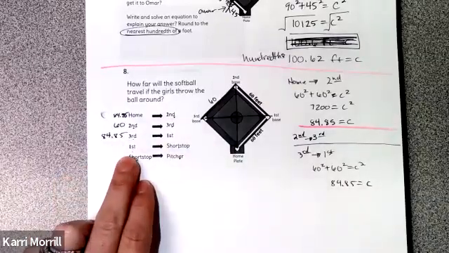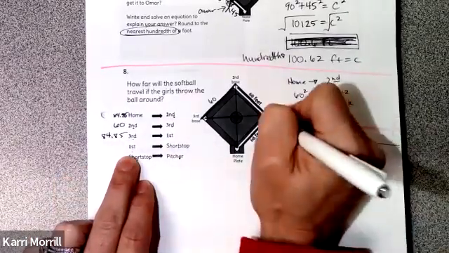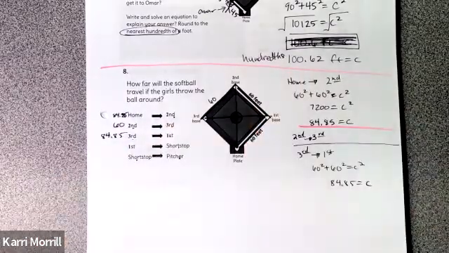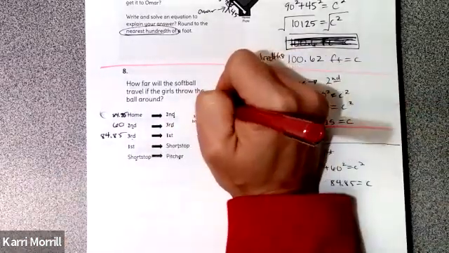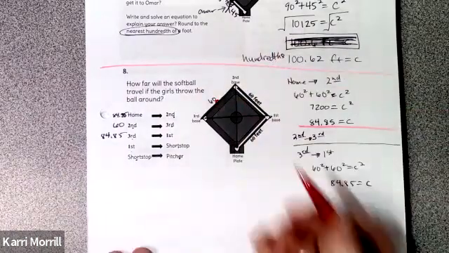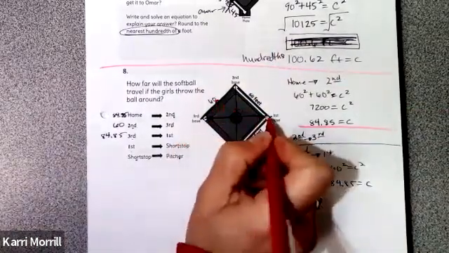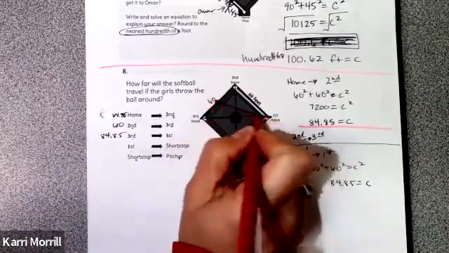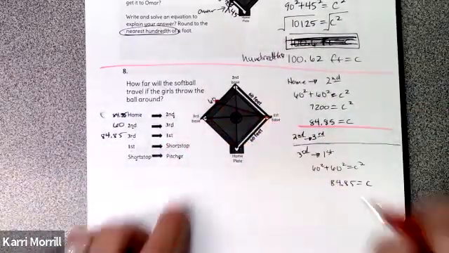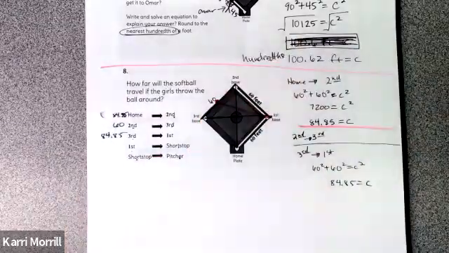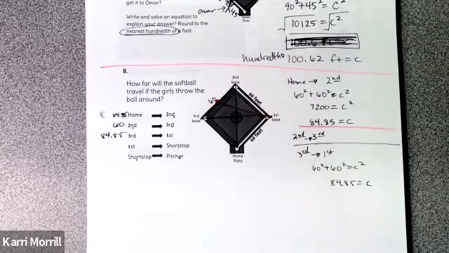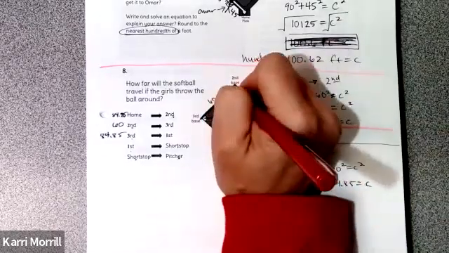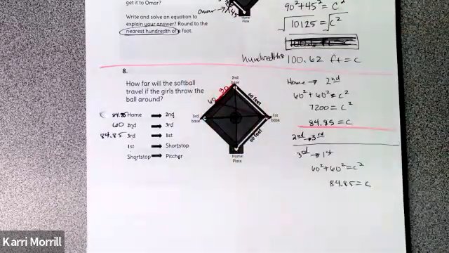Now we're going to go from first to shortstop, which is usually right about here. Not exactly, but we're just going to pretend it's right in the middle. If shortstop was right in the middle of second and third, what measurement are we going to use here? Kind of like we did up there, half of that would be 30.